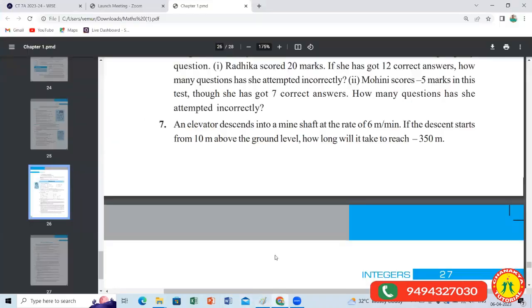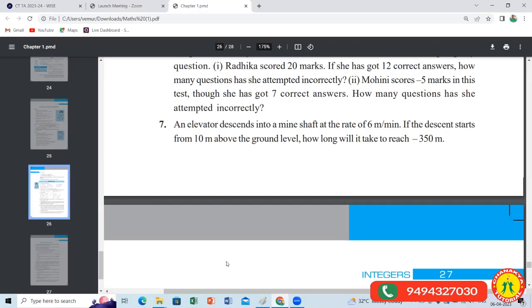Ma'am, what is the meaning of this line? In question number 7, if the descent starts from 10 meters above the ground level, what does it mean? The elevator descends into the mine shaft at the rate of 6 meters. The descent starts from 10 meters above the ground.